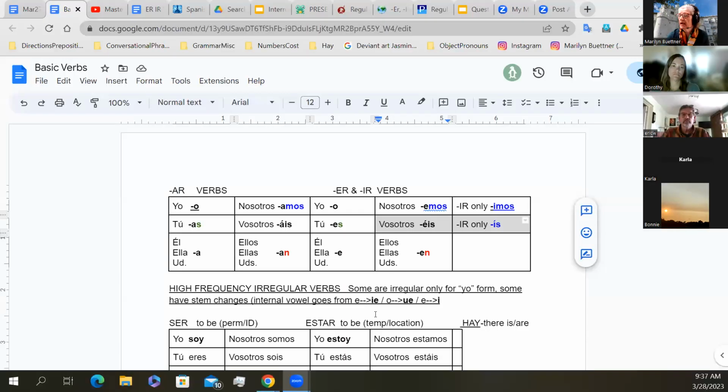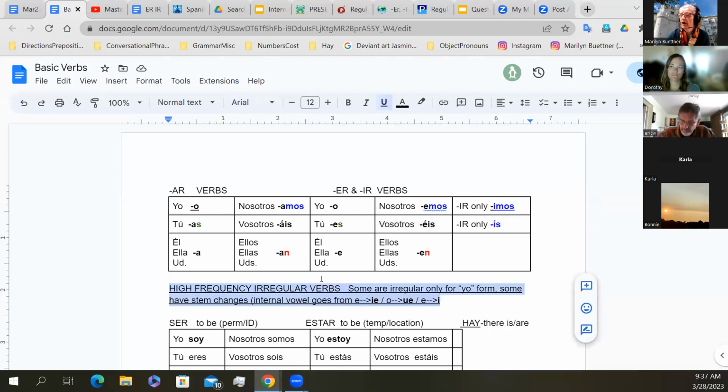Get my screen back. This boot is important because if you move on later in Spanish and start studying other verbs that are also irregular, because there are a lot of patterns with these verbs that have to be learned, that boot formation is going to mentally be an important thing to recall.